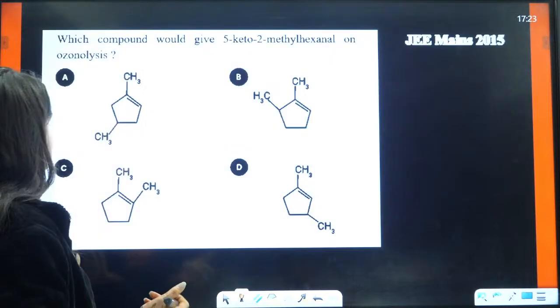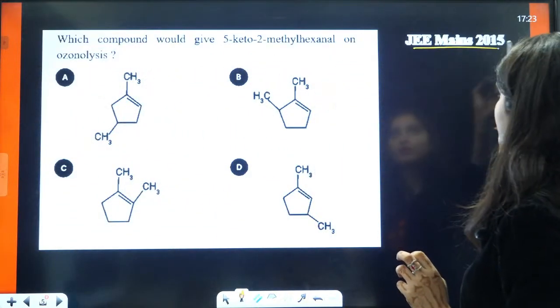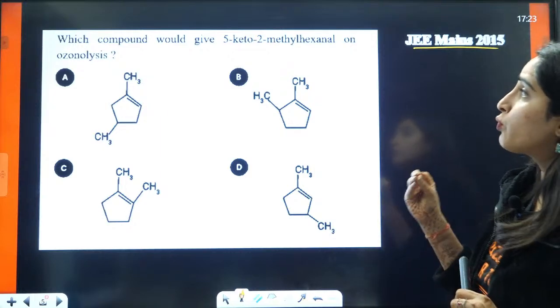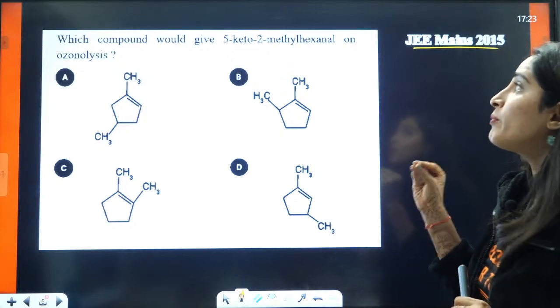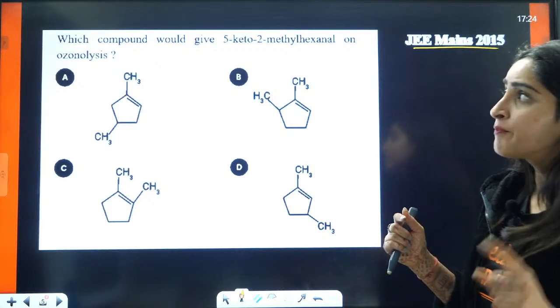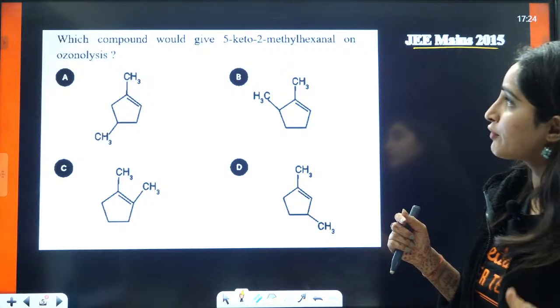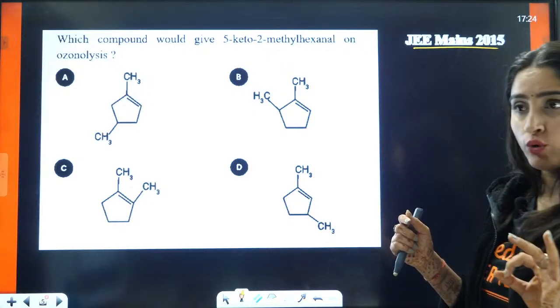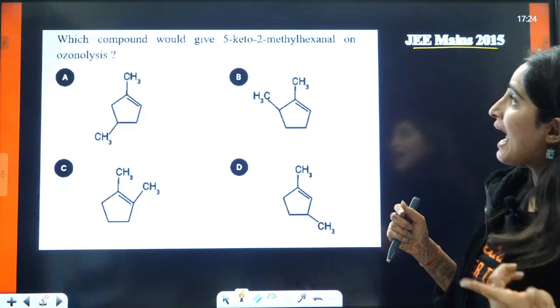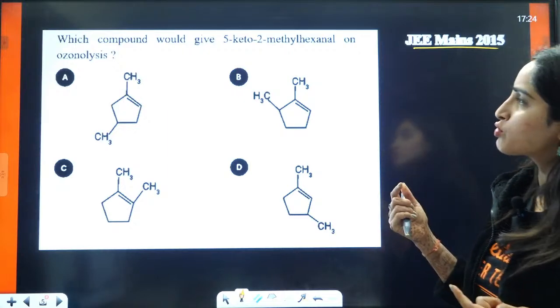Okay, next, this is a JEE Mains 2015 question: which compound would give 5-keto-2-methyl-hexanal on ozonolysis? What they are saying is, which compound will give you 5-keto-2-methyl-hexanal on ozonolysis?